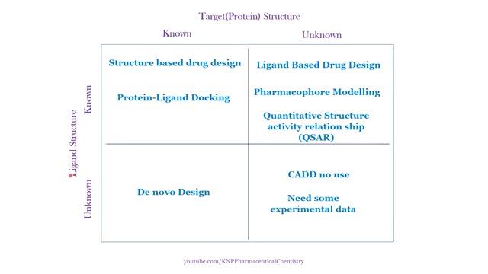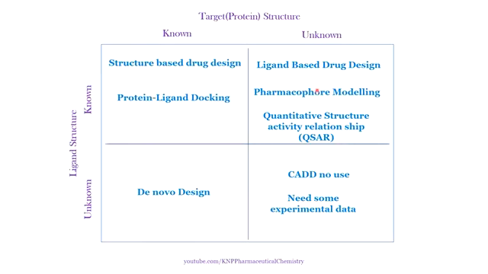Based on whether you know the ligand structure or the target protein structure, we can divide the situation into four criteria. First, if both are known, the target protein structure and the ligand structure, then we can go for structure based drug design, which can be performed with the help of protein ligand docking.